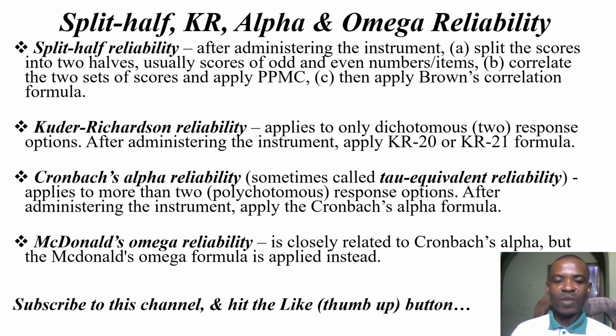Researchers have argued that McDonald's omega reliability is superior to Cronbach's alpha in that tau equivalence, which is a requirement in calculating Cronbach's alpha, is just a theoretical assumption. McDonald's omega solves the problem of that theoretical assumption. But let's just know that McDonald's reliability is very closely related to Cronbach's alpha, but the formulas are different.